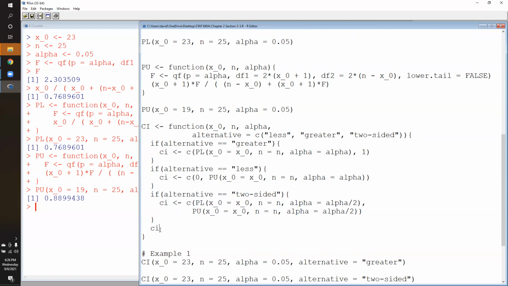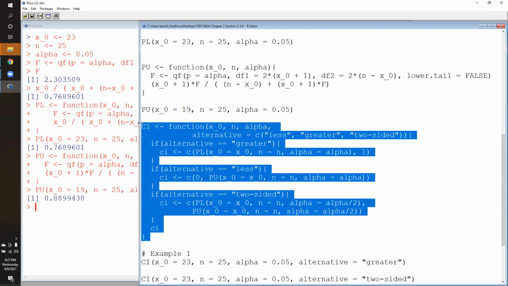And at the end of the day, I just want my function to tell me the confidence interval. So I've made a little bit more complicated of a function that is saying my confidence interval is dependent on whether or not I have a one-sided confidence interval or a two-sided confidence interval. And in fact, it makes a difference if this is a less than test or a greater than test. So I'm going to account for all of those things using these if statements.